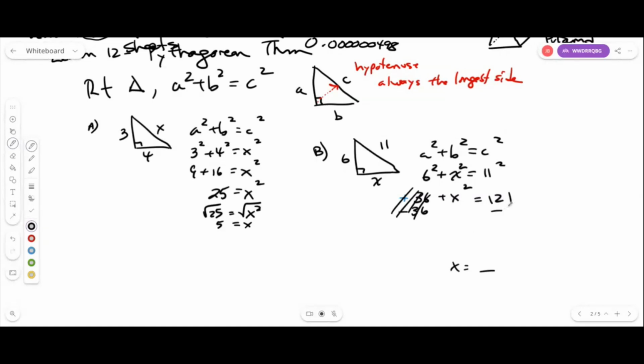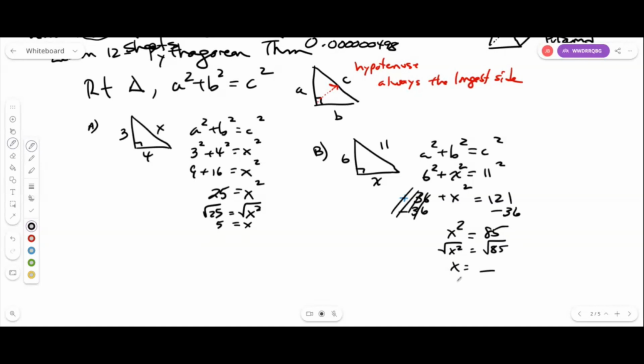Well, if I do that on the left, I have to do that on the right. So we're left with x squared on this side, and on the other side, 121 minus 36 is 85. So we then take the square root of x squared and the square root of 85.